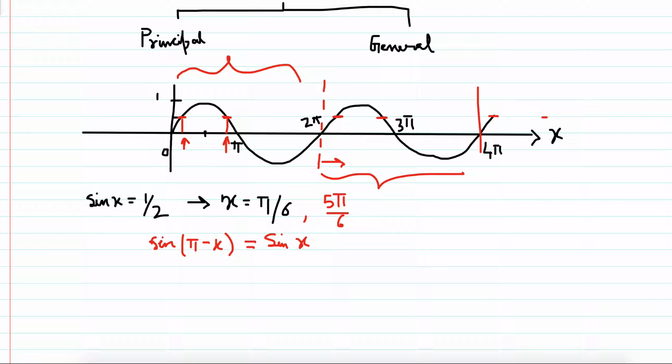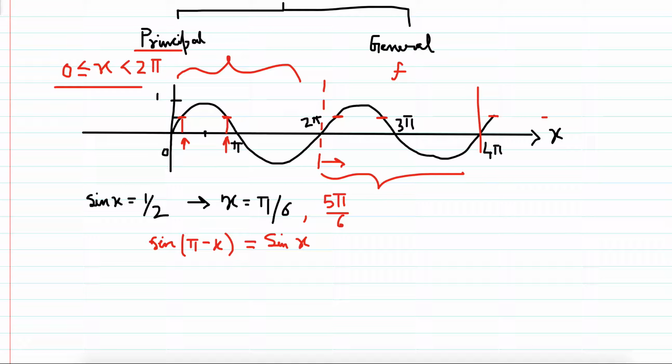The solution in the range where x is from 0 to 2 pi we will call the principal solution, and the general solution will represent the entire solution. It has infinite solutions, but we can generalize it in the form of some integer n.